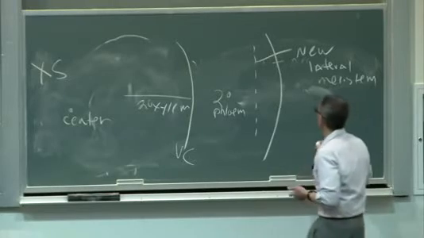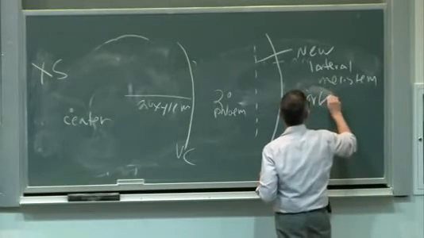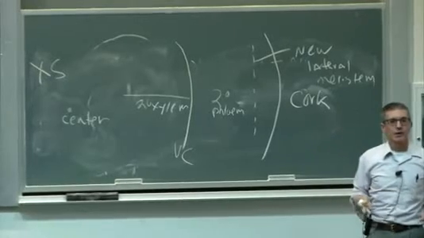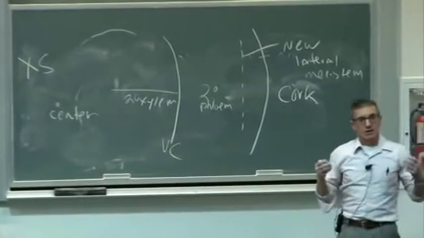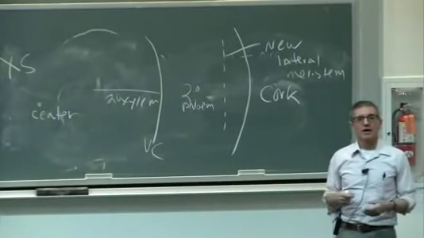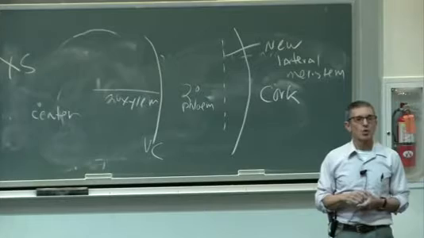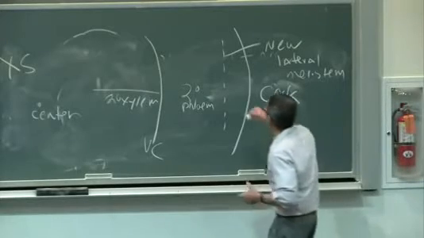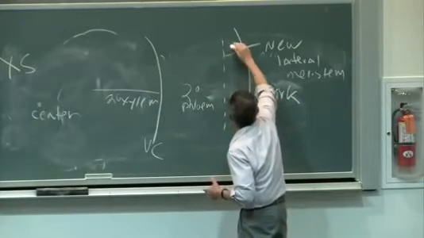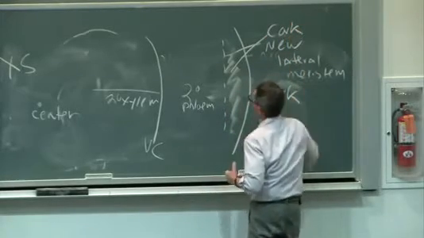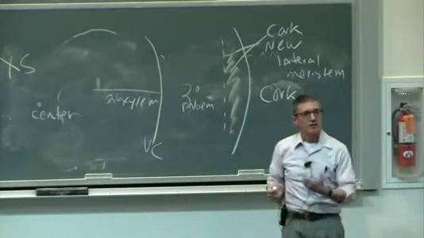This new lateral meristem makes cork. Cork acts as an insulator, as a way of sealing the tree. It is impregnated with suberin, the material that we talked about before that prevents water movement, and it makes a very tight seal. So here we have cork. Makes a very tight seal around the entire tree.